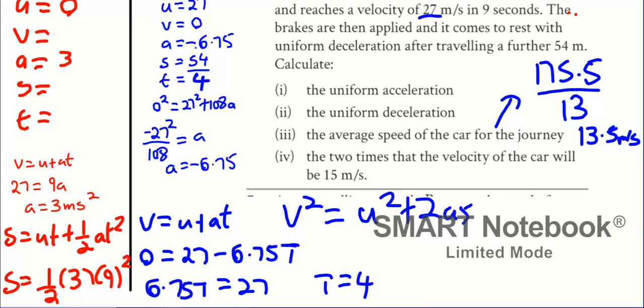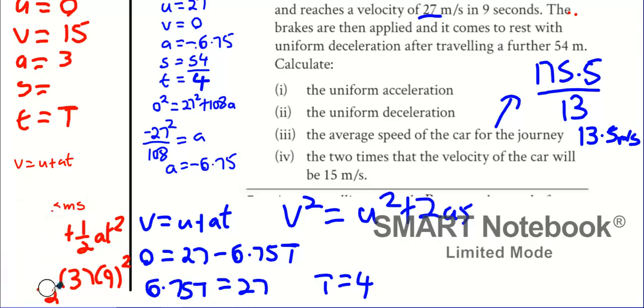And what I'll do is I'll put in 15 here. And we're after the t value, aren't we? And what can I say we're doing? We're using v equals u plus at. Because you accelerate up to 27, which means you obviously have to go through 15 to get there. So here's the first time.